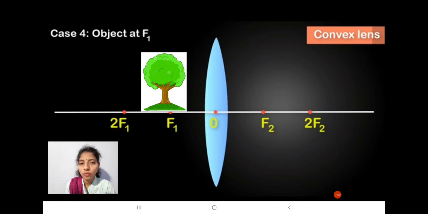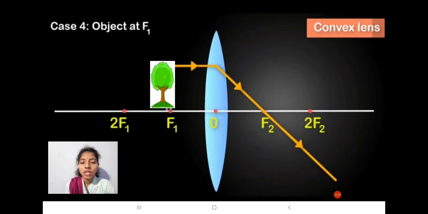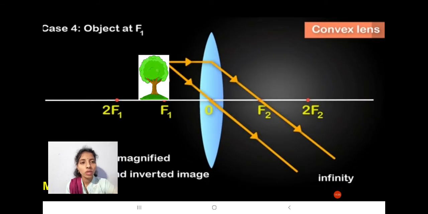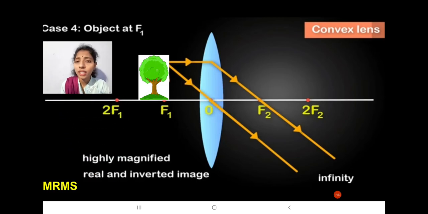Now case 4. Now we are taking the object at f1. Now take rule 1. When the ray is parallel to the principal axis, after refraction it passes through the focus. And take rule 2. When the ray travels through the optical center, after refraction it travels in a straight line. There is no deviation in the light ray. So where will the image be formed?